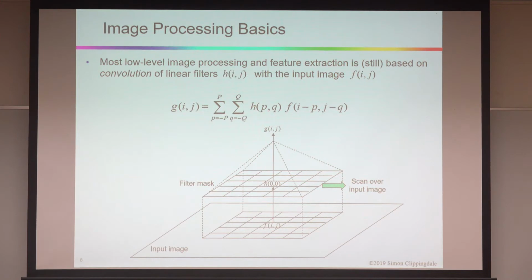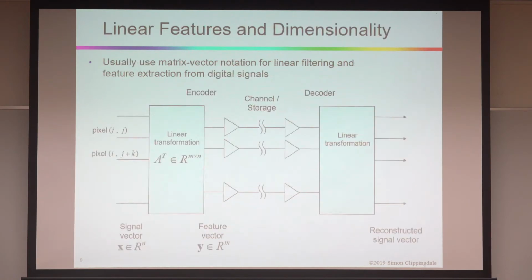You scan this window, this filter, over the whole image to get your processed output. That's the simplest model of feature extraction from images.